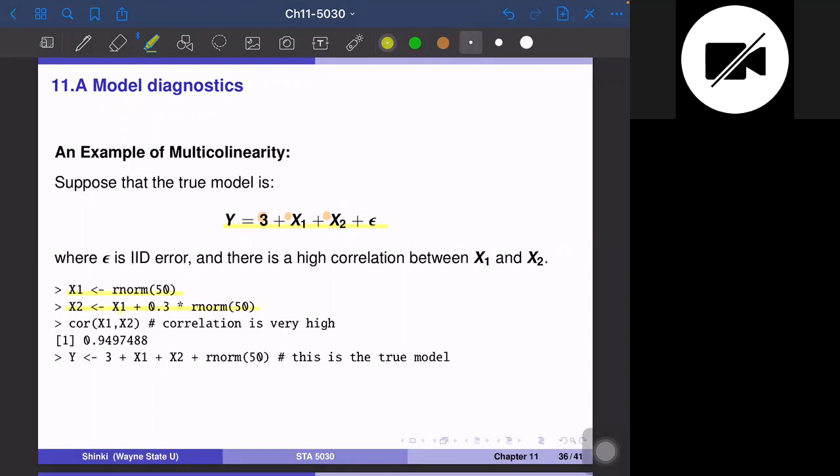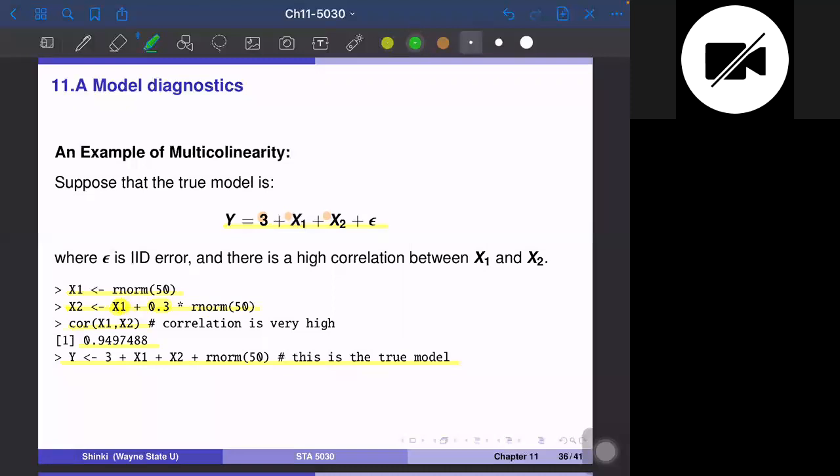This means x2 is very similar to x1. 0.3 is small, so x2 is just x1 plus some noise. Then the correlation coefficient between x1 and x2 is almost 0.95. Then we define y as 3 plus x1 plus x2 plus random normal noise, with n equal to 50. So this is the true model.